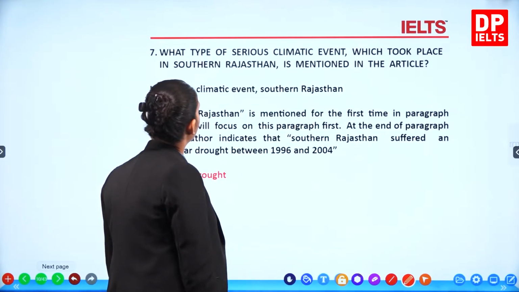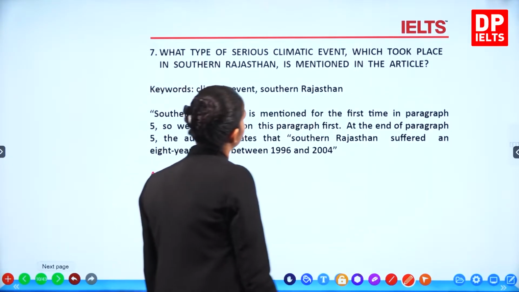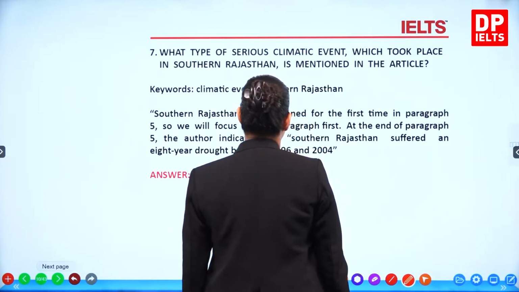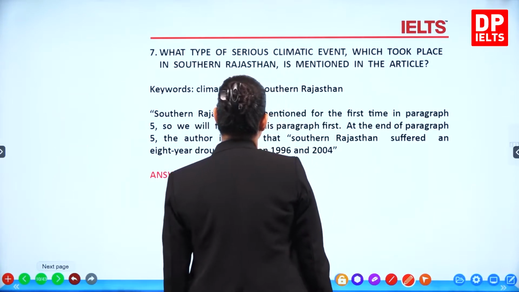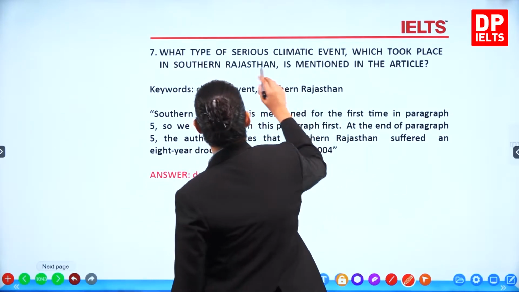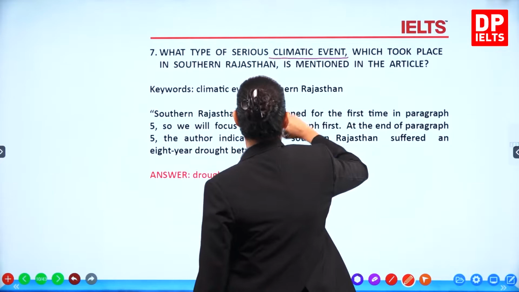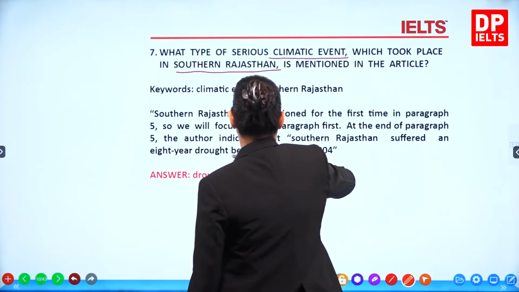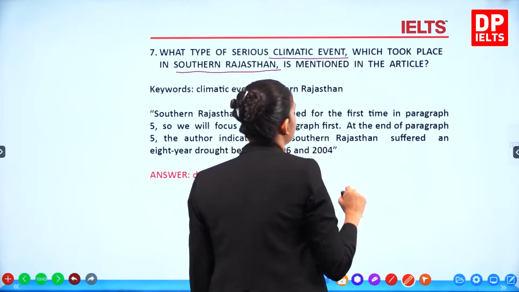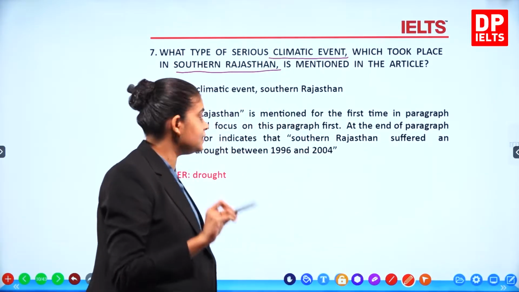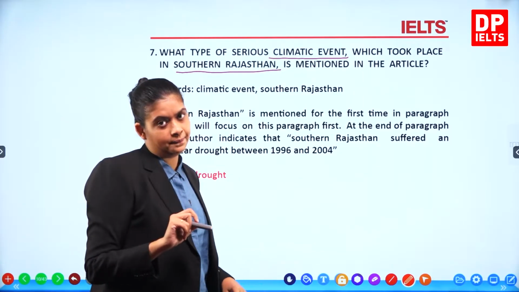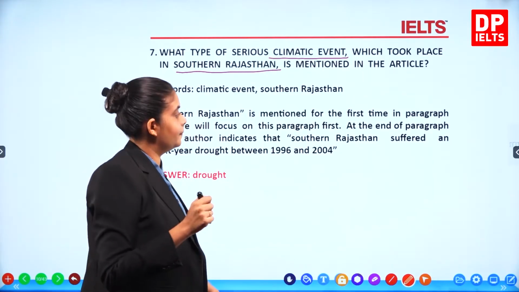What type of serious climatic event which took place in southern Rajasthan is mentioned in this article? Southern Rajasthan is mentioned for the first time in para 5, so we will focus on that para. That is scanning.